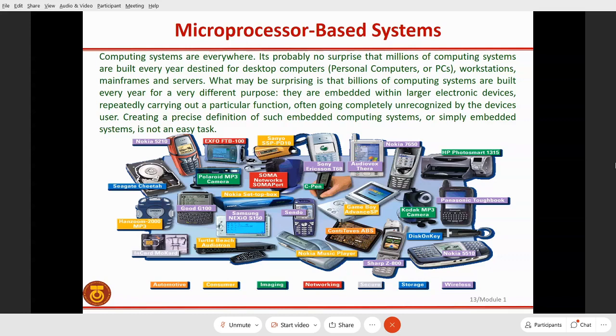Inside the watch itself, it has a lot of processor or microprocessor-based systems in which every system runs a dedicated application. Now the technology has evolved to the extent that we have SoC.